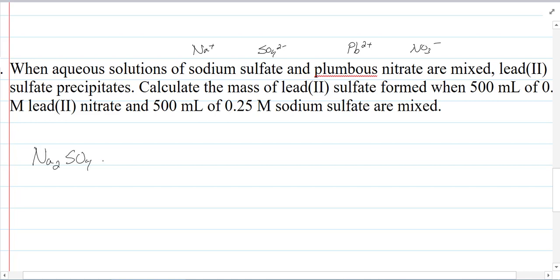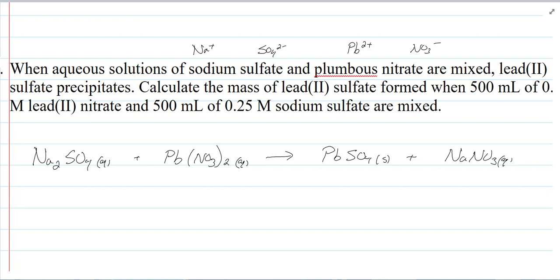Na2SO4, aqueous, plus Pb(NO3)2, aqueous, going to, we know it's PbSO4, solid, and what's left is sodium and nitrate, NaNO3, aqueous. Is it balanced? Well, let's look. Probably not, because I got 2 nitrates. I need to put a 2 in front of sodium nitrate, and I think now it is balanced.